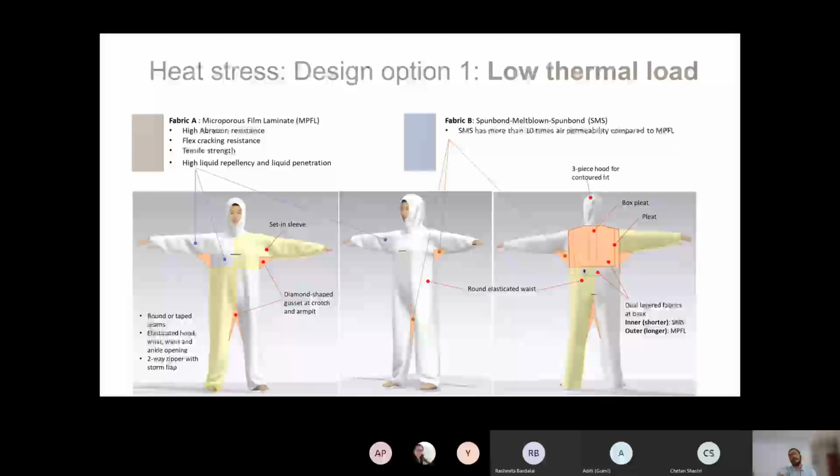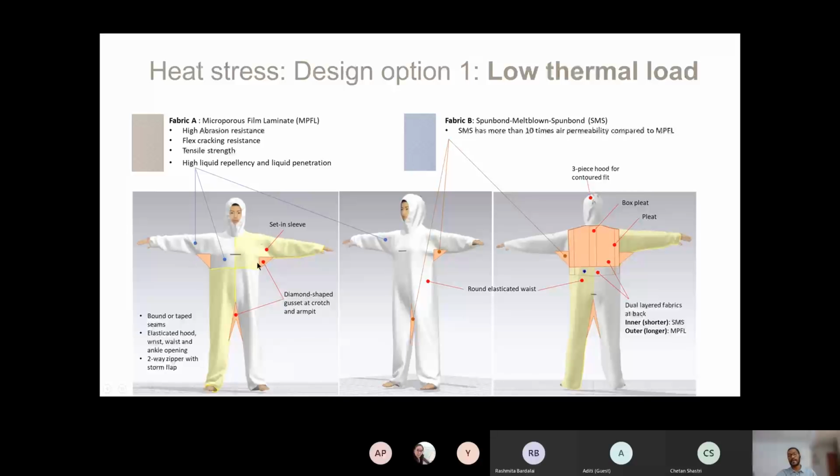Looking at the first option, where design could play a big role when the thermal load is low, I tried to integrate gussets or more breathable panels into the coverall design, selecting materials where one fabric allowed more moisture and air to pass through, whereas the other was more resistant to liquid spills.